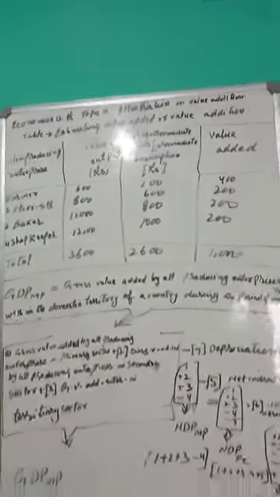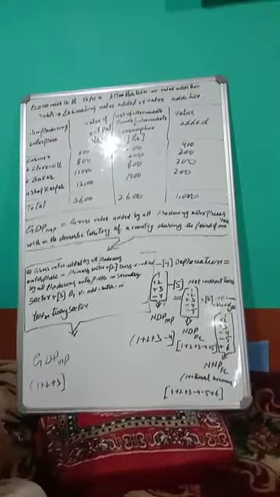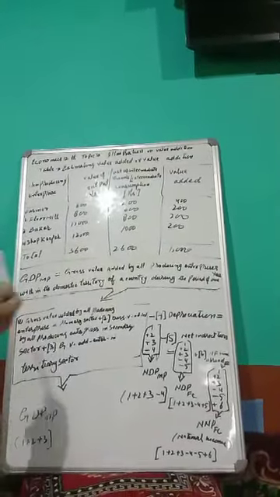Today I am going to deliver a lecture in economics for class 12, and my topic today is illustration on value addition. This can be illustrated with the help of the table.